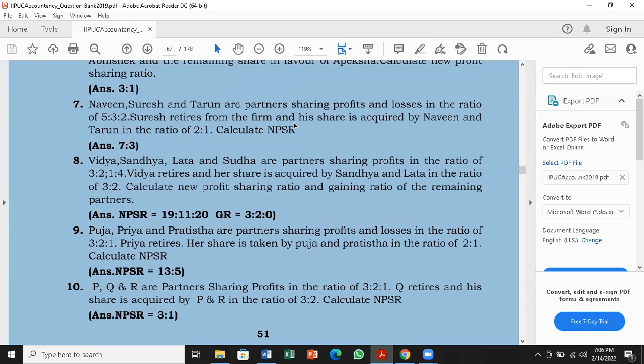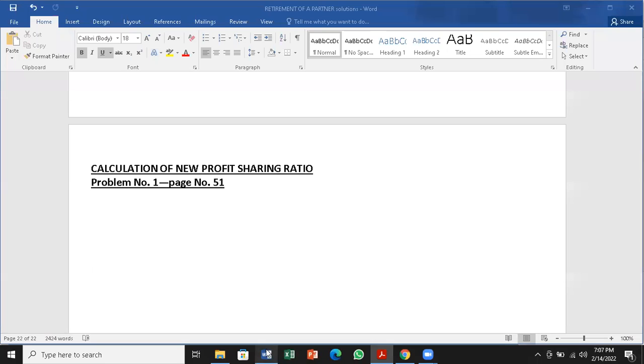And his share is acquired by Naveen and Tarun in the ratio of 2:1. The word you have to watch here is the word acquired by. So the retiring partner's share is taken over by Naveen and Tarun in the ratio of 2:1. Calculate NPSR. So this is a bit tougher than the gain ratio working.